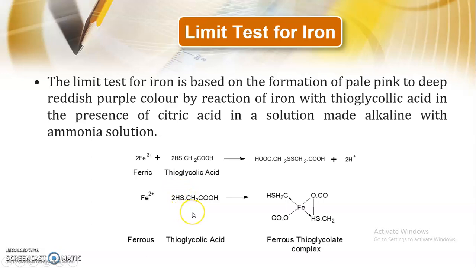So it is known as thioglycolic acid, and in this way the ferrous thioglycolate complex is formed. So initially the ferric is reduced to the ferrous, and this ferrous reacts with thioglycolic acid to form the ferrous thioglycolate complex. In this way the reaction is conducted during this limit test for iron.